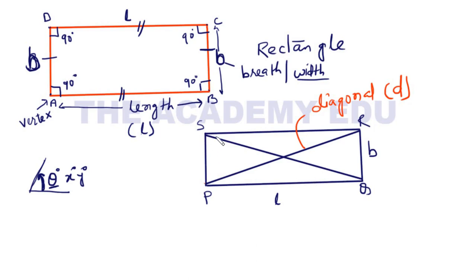And similarly this line SQ is also a diagonal. So this is d1 and this is diagonal d2.